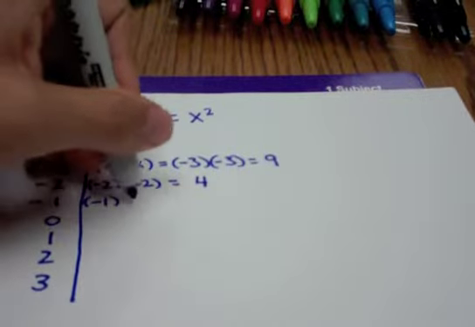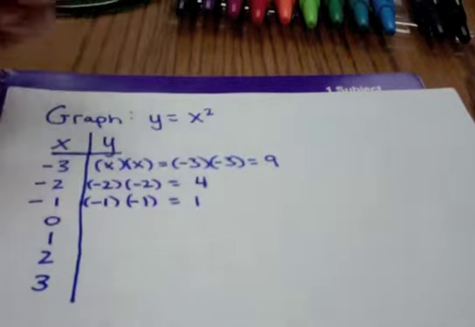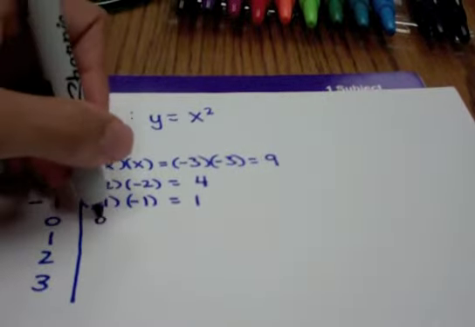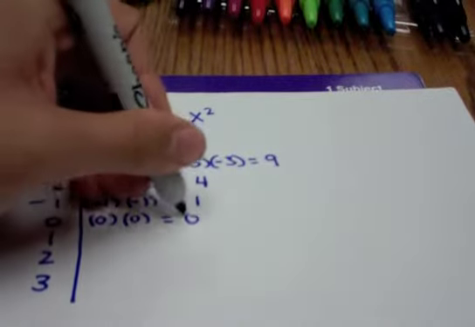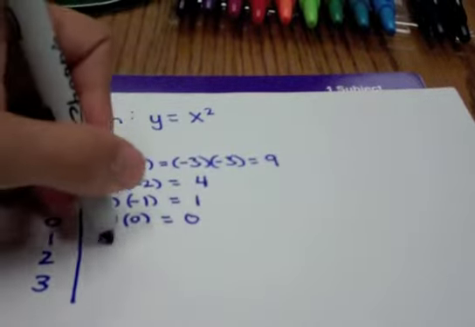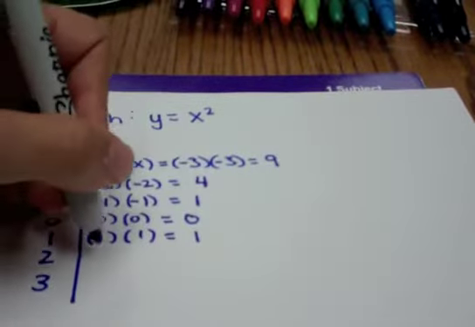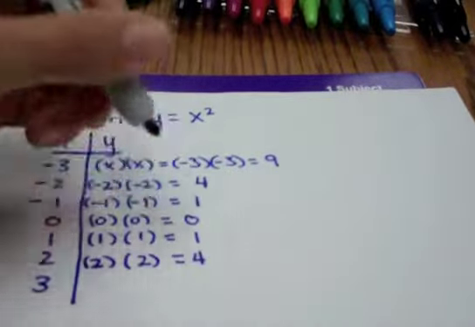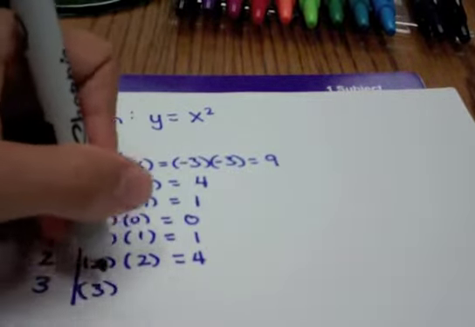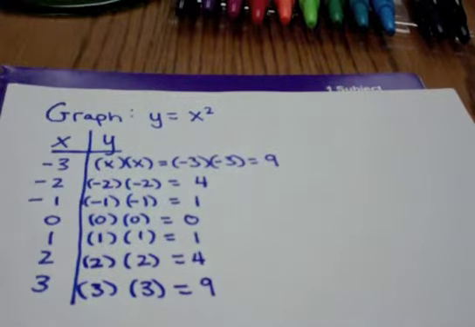Negative 1 times negative 1, which is just going to be positive 1. 0 times 0, still going to be 0. 1 times 1 is going to be 1. 2 times 2 gives you 4. And 3 times 3 equals 9.